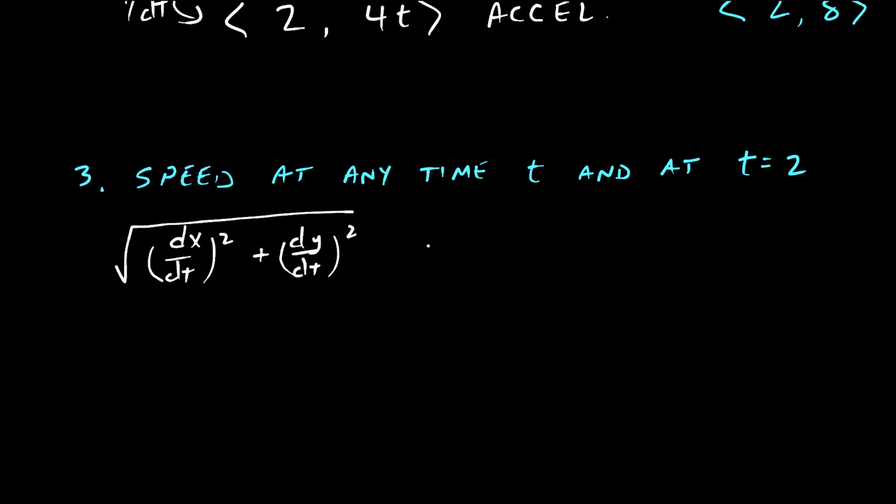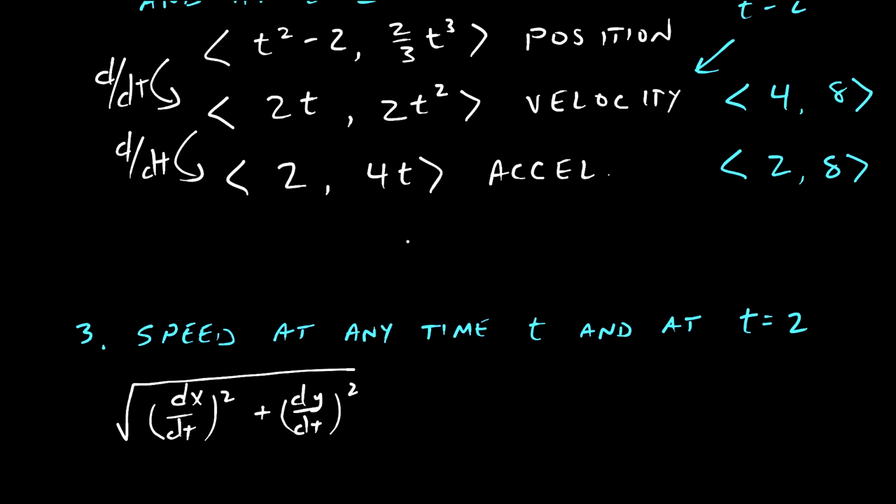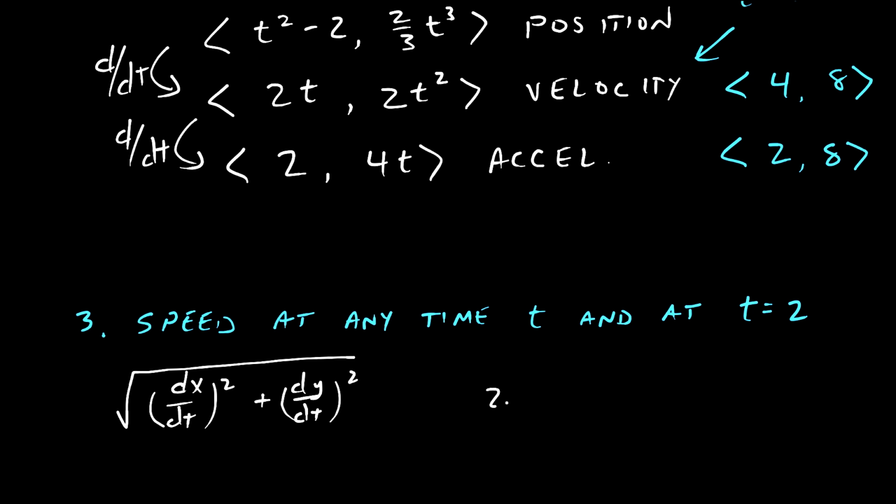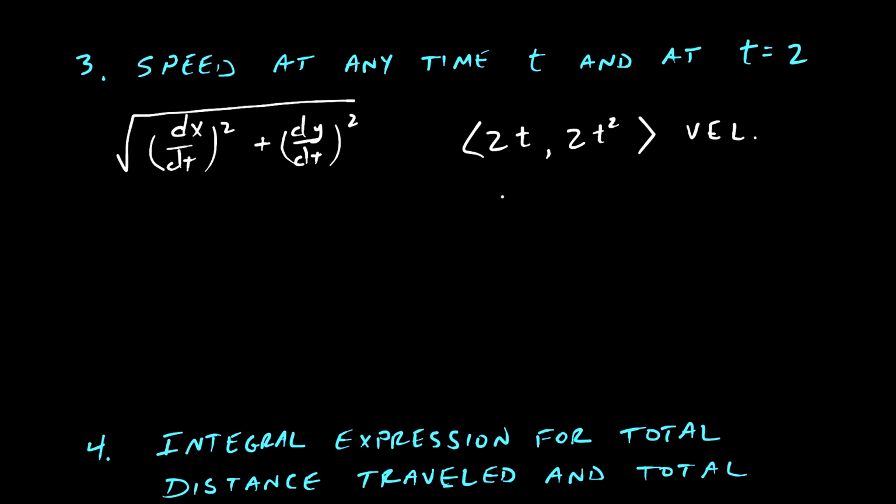So back from our last problem, we saw that velocity vector was 2t, and then we have 2t squared. So this was our velocity. I'll square this, 4t squared. I'll square this one, which is 4t to the 4th. We will add and square root. And that is our answer for speed.